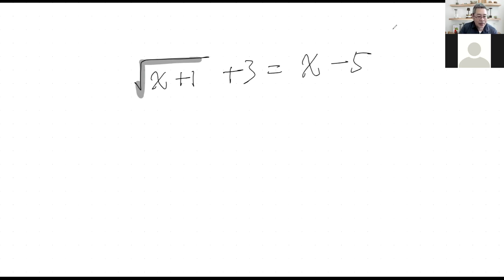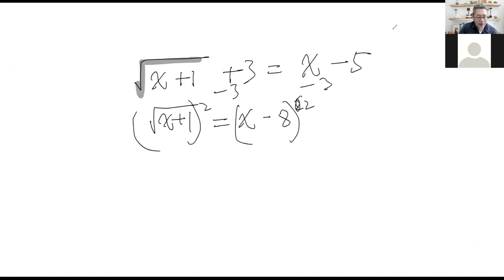Okay, we got square root of x plus 1. We minus 3 on both sides. Then we got x minus 8. Then we square on both sides. What we got here is x plus 1 on the left. On the right, then x squared minus 16x.